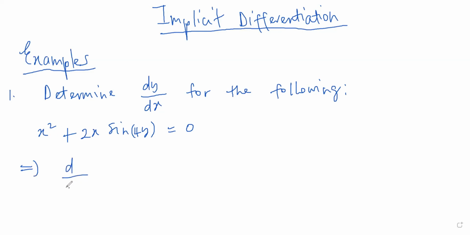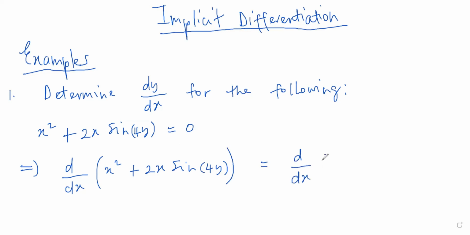The derivative with respect to x of the left side of the equation, which is x squared plus 2x multiplied by sine of 4y, is equal to the derivative with respect to x of 0, which implies the following. So now we're going to differentiate the left side of the equation and of course the right side of the equation.